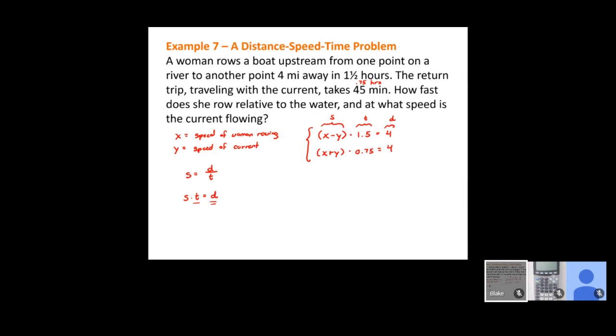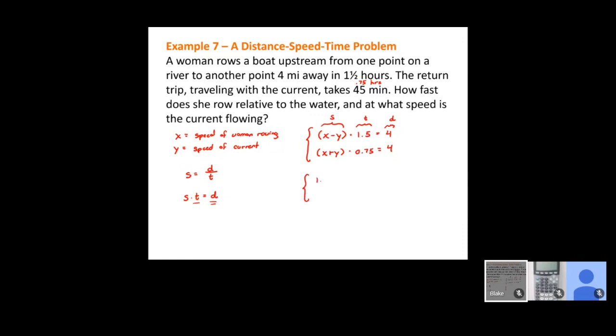Any questions about how I got those two equations here? Right, so now, before we can solve this, we need to distribute first. So I'm going to distribute the 1.5 in the first equation, distribute the 0.75 in the other equation.